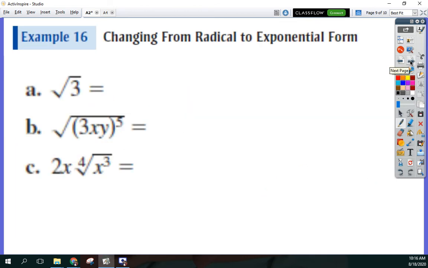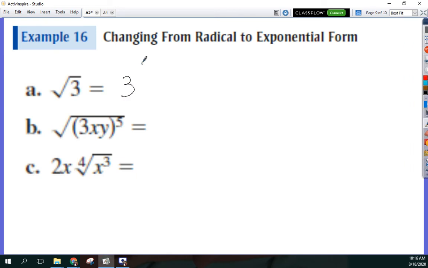Alright, on this one we're just changing from radical to exponential form. So notice that we have a square root of 3. If there is no index, hopefully we recall that it is an understood index of 2. We don't have an exponent on the 3, so it's an understood exponent of 1.